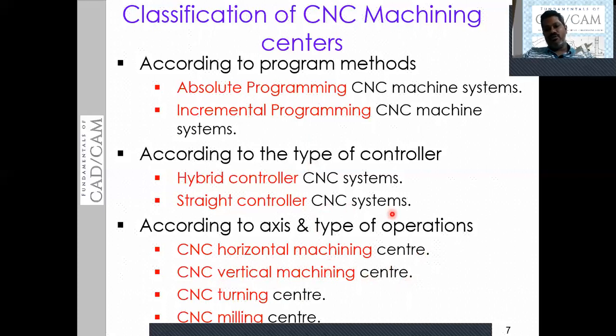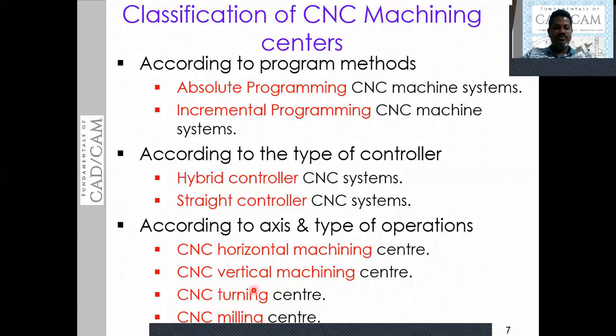And based on the type of operation also, you can classify the CNC machining center. According to the type of operations, if your CNC machine is specific to perform only one operation, say you are performing only turning operation, in which case you can call that a CNC turning center.